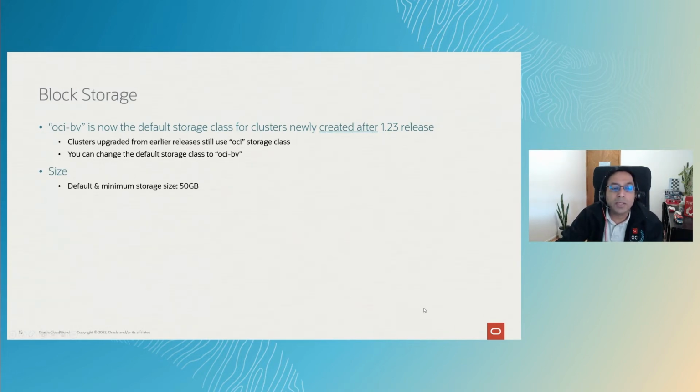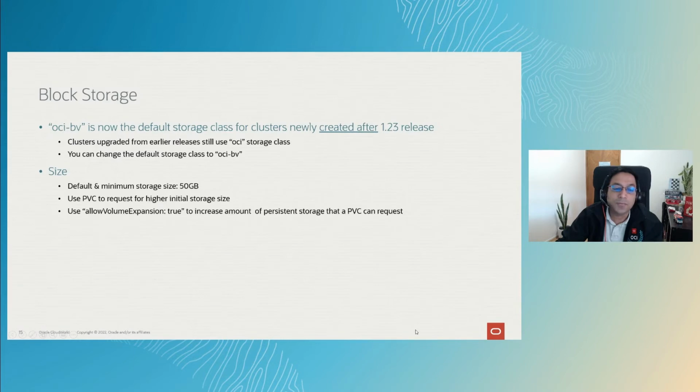When you set up a PVC to use the block storage, the minimum and default storage size is 50 gigabytes. You can use the PVC to request a higher initial storage.